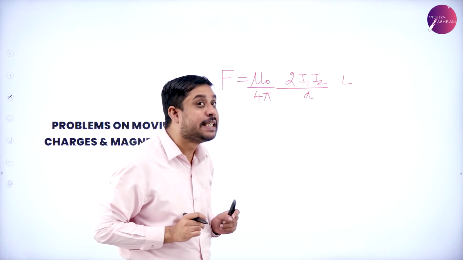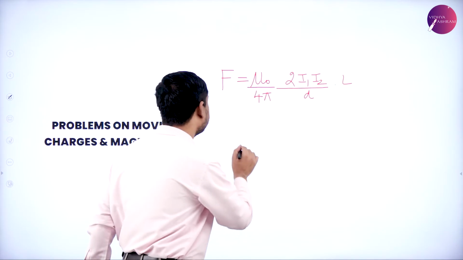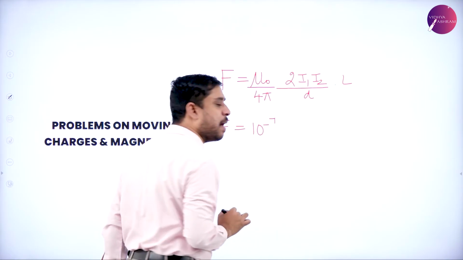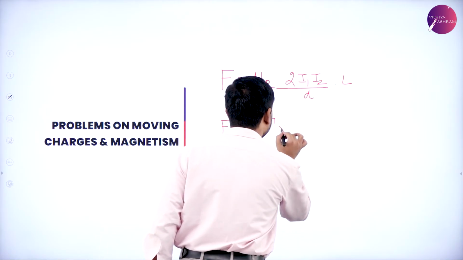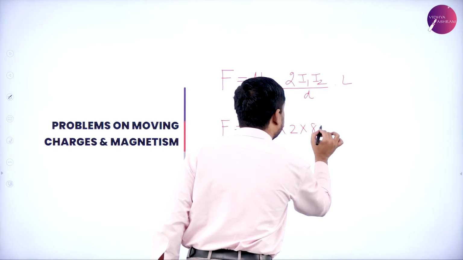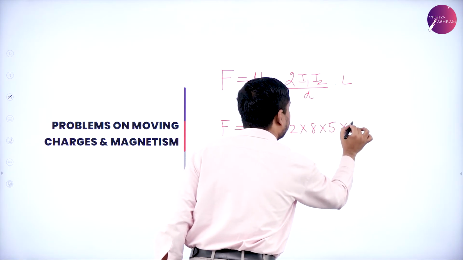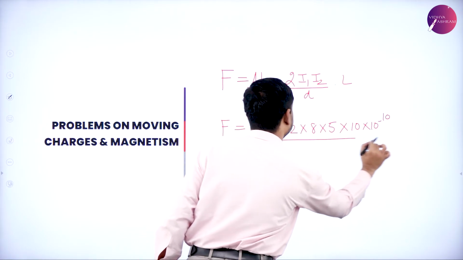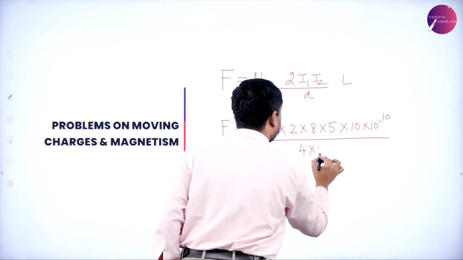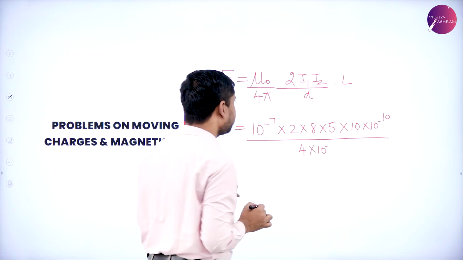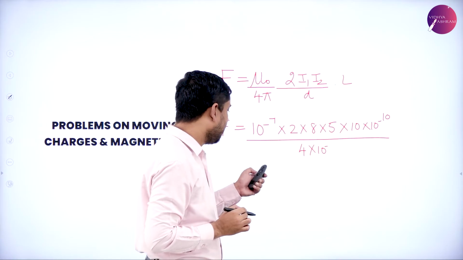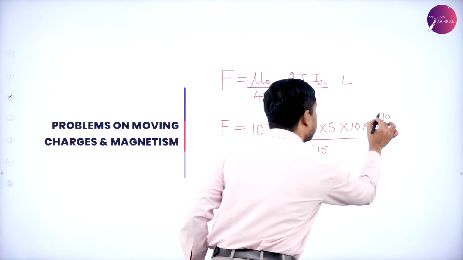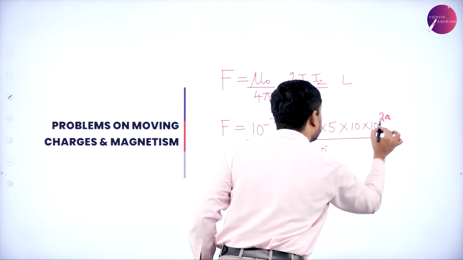Now here it is not D square, it is D. So F is 10 power minus 7 into 2 into 8 into 5 by 4 into 10 power minus 2, and here the 10 centimeter is 10 into 10 power minus 2.